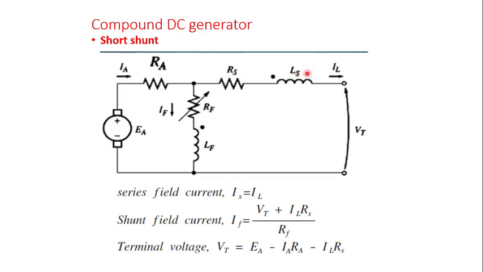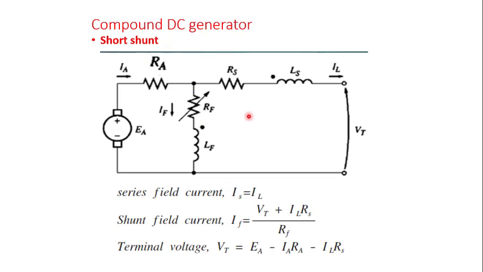So we must have this branch before we get the series circuit. That's for the short shunt. Don't forget that we have two field circuits. One is connected in parallel, one is connected in series. The one where we get the parallel connection before the series connection, we call short shunt.